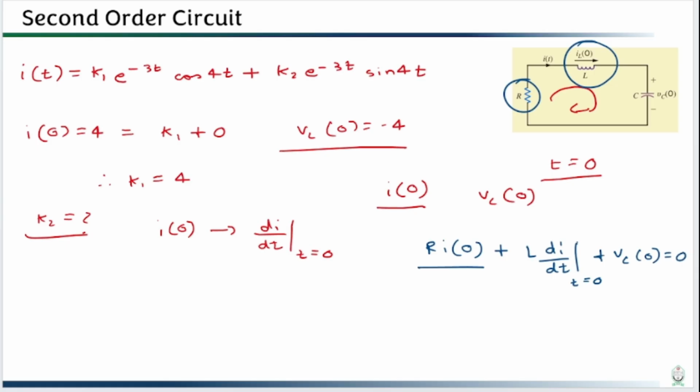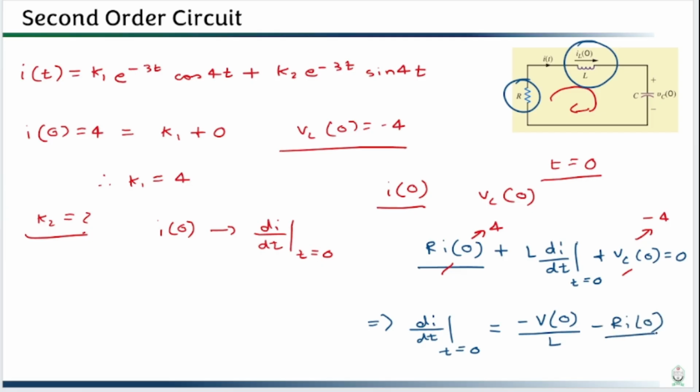Here we can see these two values are given. I0 is 4 and Vc0 is minus 4. If you rewrite this equation, the expression turns out to be V0 by L minus R i0 by L. The value of V0 is minus 4 and the value of I0 is 4.